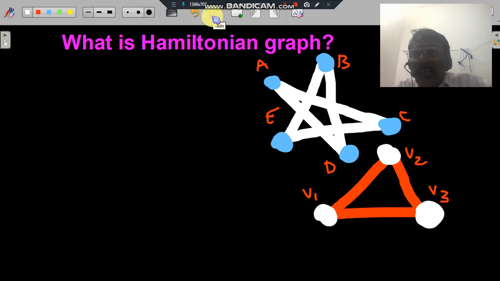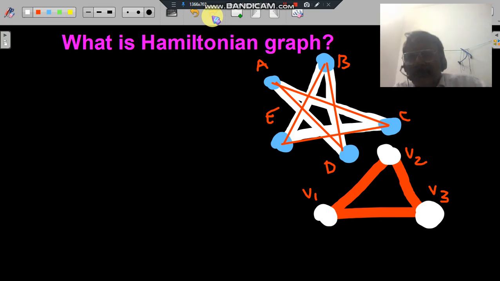Now I am going to make a cycle again from A to C, from C to E, from E to B, and then from B to D, and then again from D to A. Now what you see here is that when I draw this particular cycle, each vertex comes only one time.